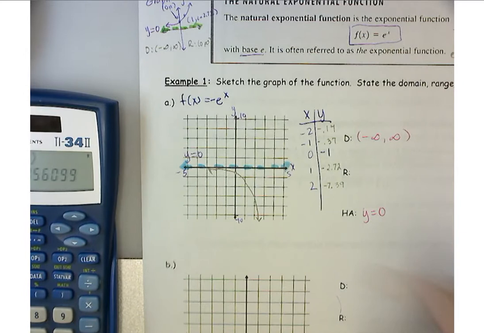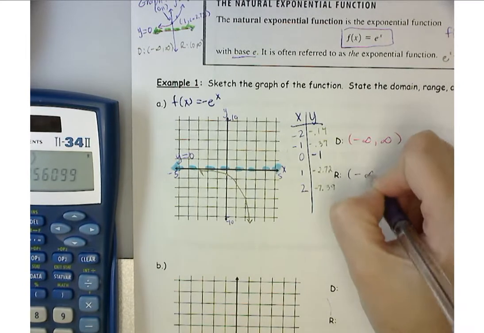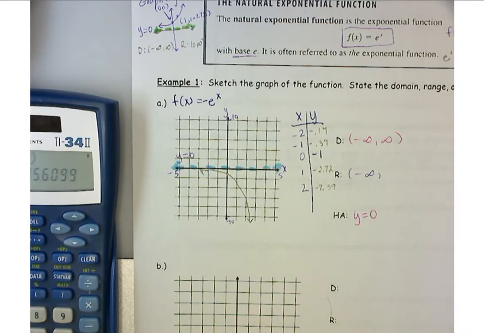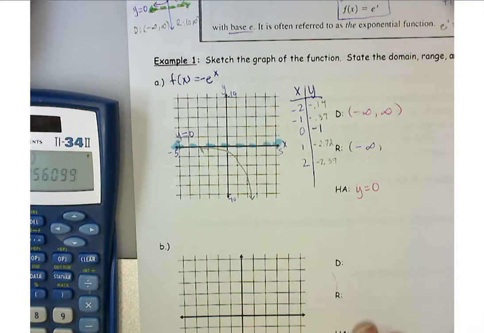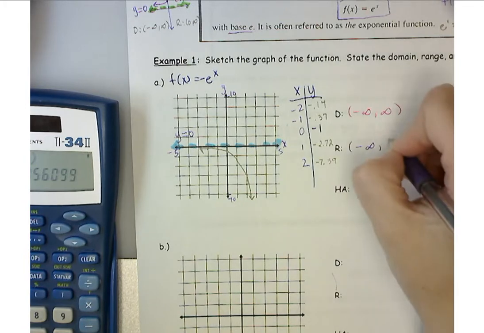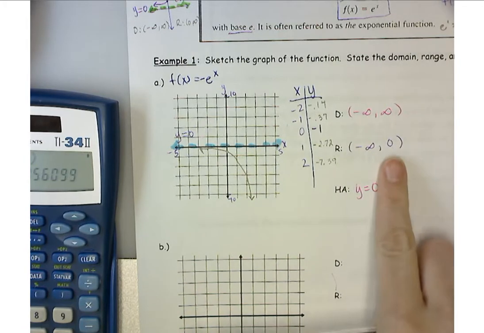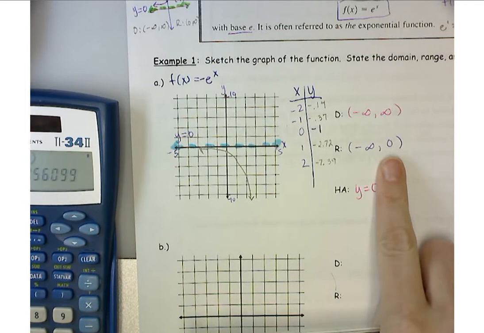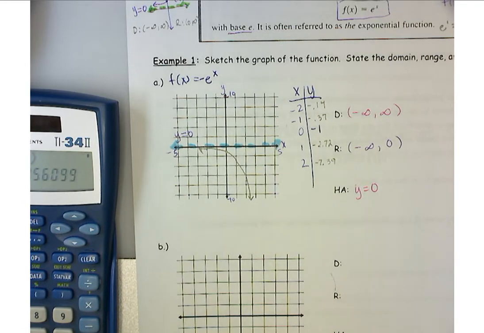Okay, so that means that's where I want to start my range, is at negative infinity. And then, Reese, what's going to be the second part of my range? So what's my highest value? Yep, and it won't ever reach 0, but that's what it approaches, so we're going to use 0 with our soft bracket.